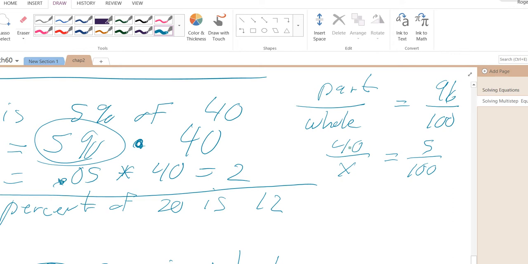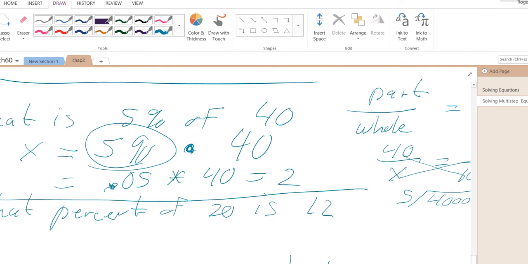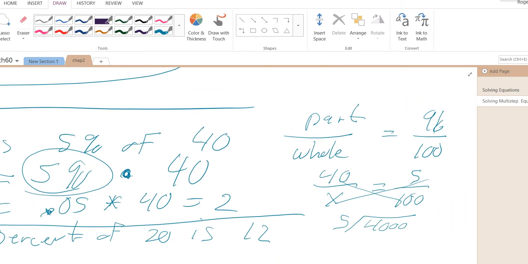So you're cross multiplying. We're going to take 4,000 and divide it by 5, correct? But it doesn't turn out to be 2. So I wonder if I did something wrong, you can tell I don't do it often this way. I think that's right though. And 5%, oh, 40 is the whole maybe, that's how it is.